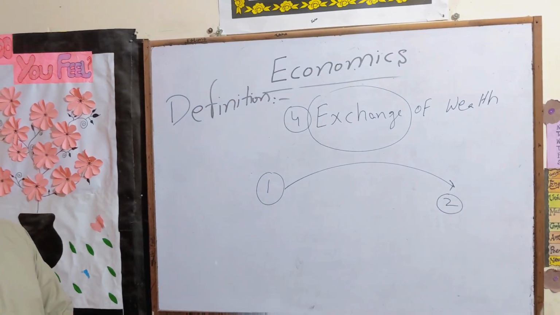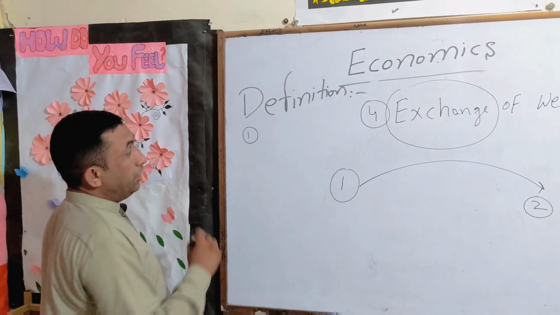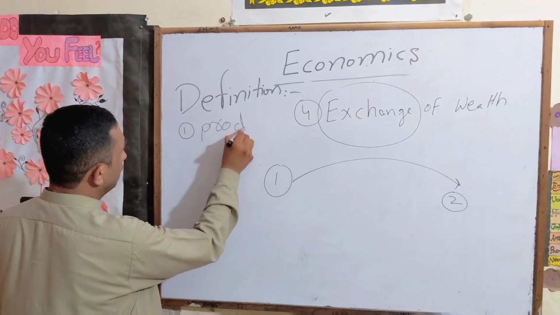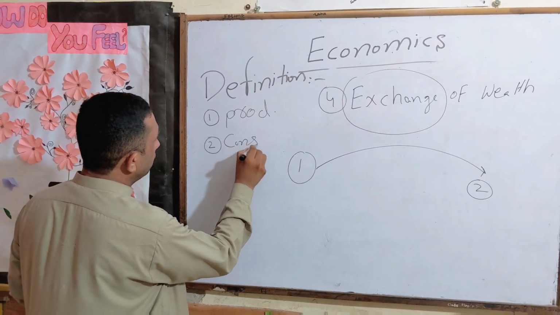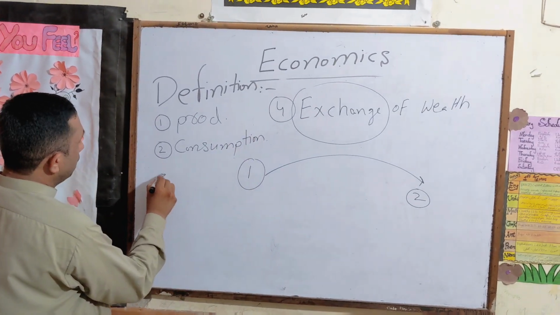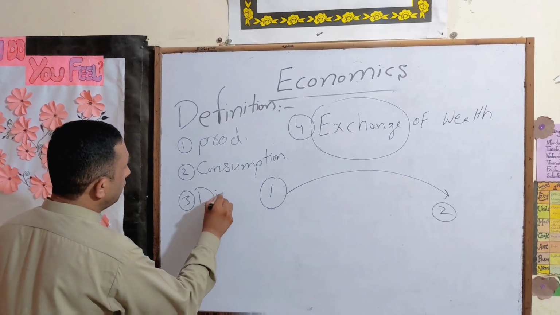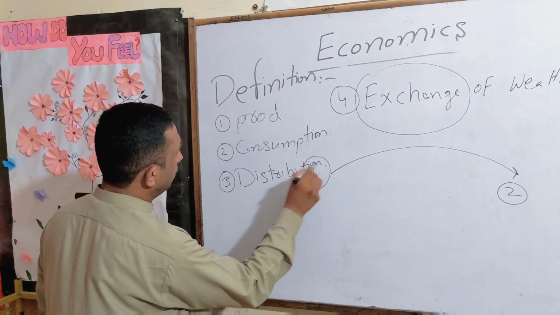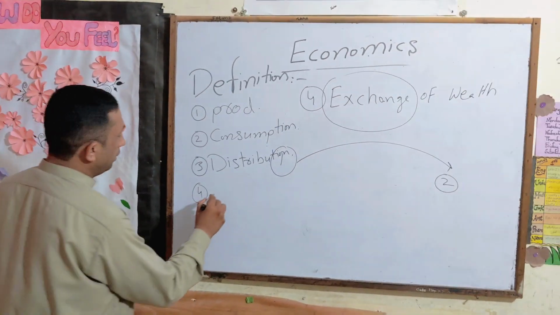If someone asks you what economics is, you can say that, first of all, economics is a science in which we study production of the wealth, secondly, consumption of the wealth, thirdly, distribution of the wealth, and number 4, which we studied today, exchange of the wealth.